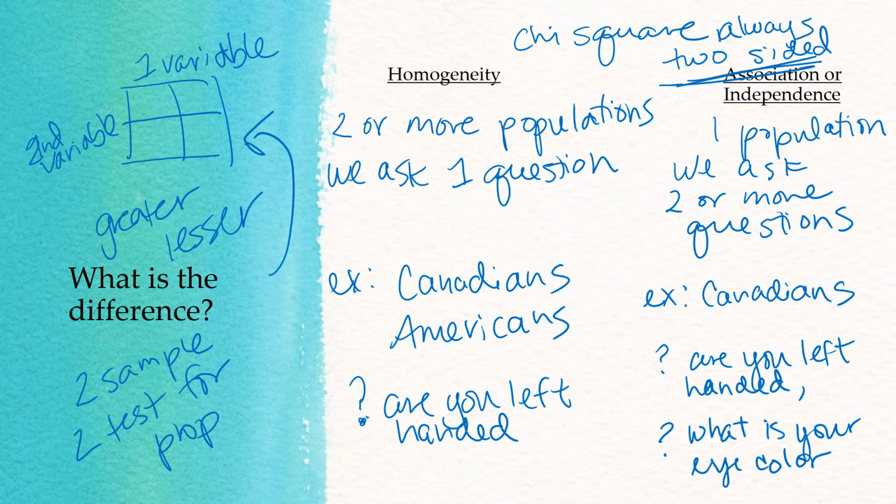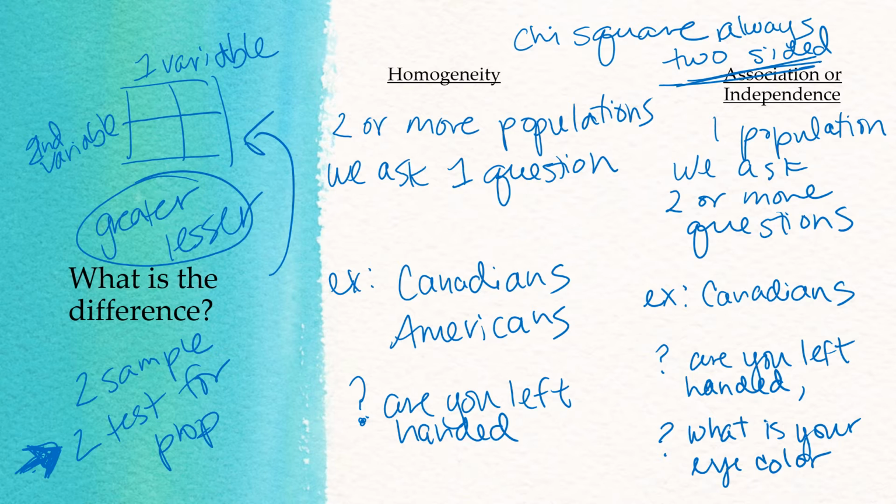So if I'm seeing keywords greater than or less than in a proportion, and I see a two-way table and it's just 2 by 2, I would probably do a two-sample z-test for proportions there, because a chi-square won't do that. So really, that's the only time I need to look out for a two-sample z-test for proportions. If I see more than two of anything, it's going to be a chi-square every single time. And if it's two-sided, we can do a chi-square.